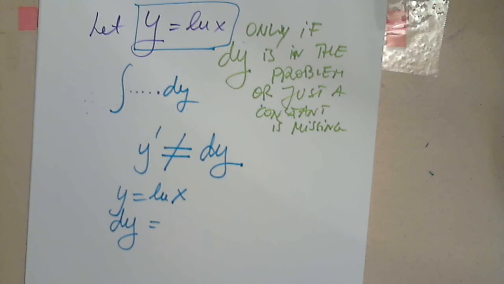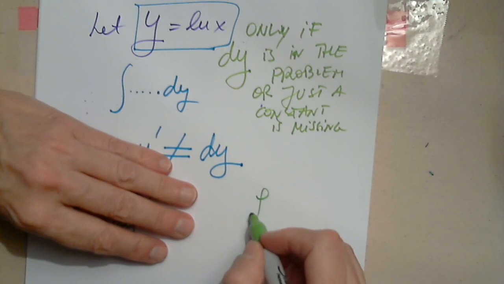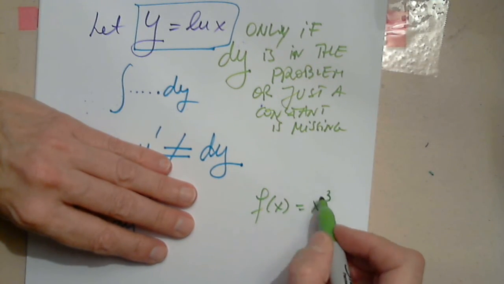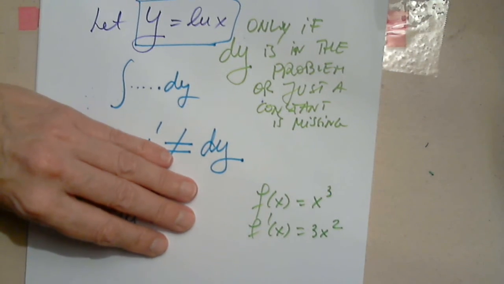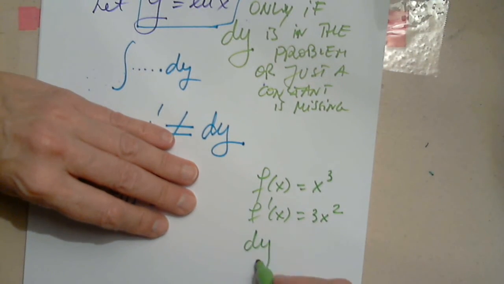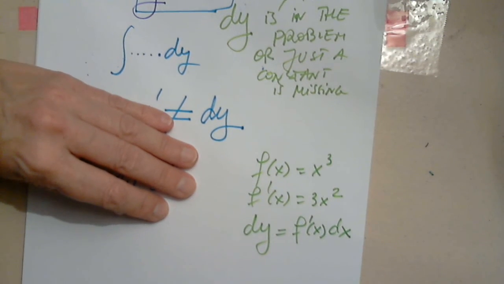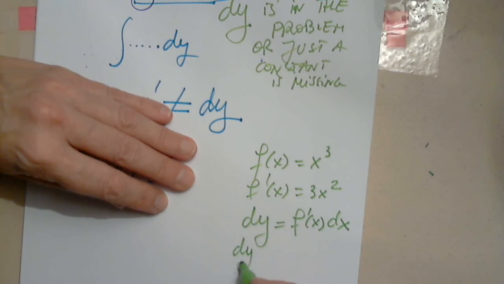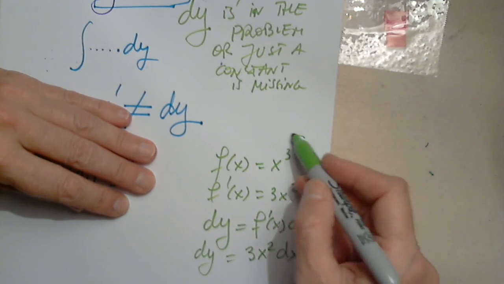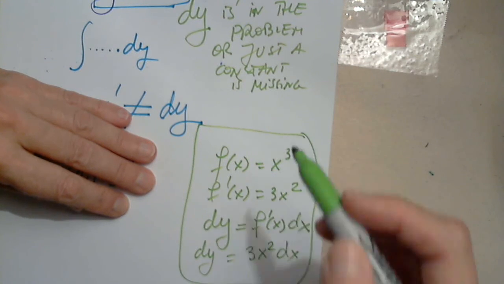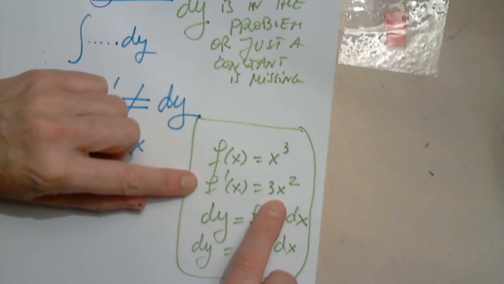Okay. So if I have, let's say, x cubed, f prime is 3x squared. But dy is f prime of x dx. So then dy will be 3x squared dx. The derivative is 3x squared.